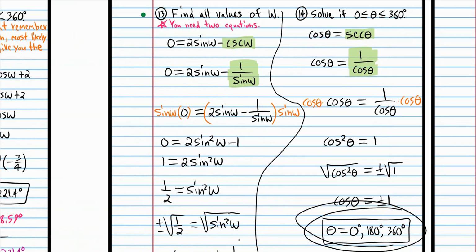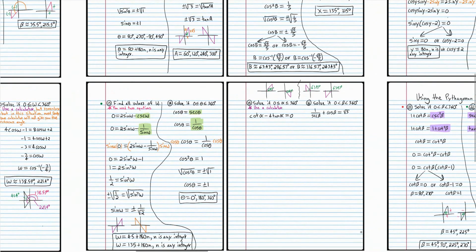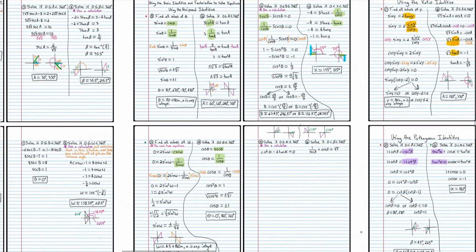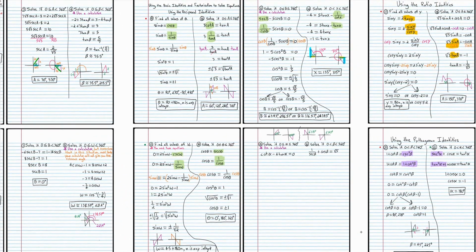Now, some of these angles may be extraneous solutions, so when we plug in 0 degrees, do we get 0 in the denominator? And the answer is no. If we plug in 0, 180, or 360, we don't get 0 in the denominator, so we don't have to worry about that. Okay, go ahead and try number 15. You can use number 13 and number 11 to help you. And when you come back, we'll do it together.